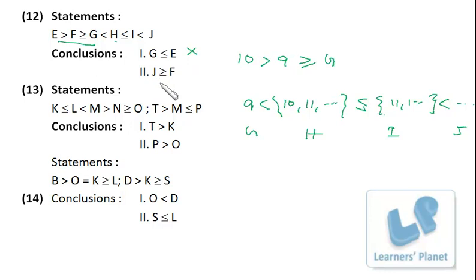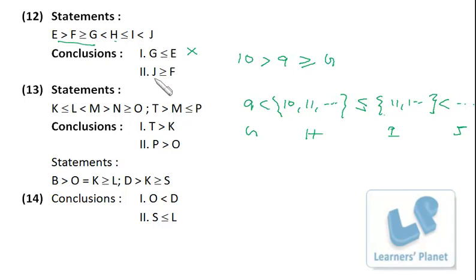J is greater than or equal to F. Even this is not true, because J is also open-ended. I and H, both of them are smaller than J. Even G is smaller than J. And on the left hand side of G, F and E are there. So both of them are open-ended, and these three are also open-ended.